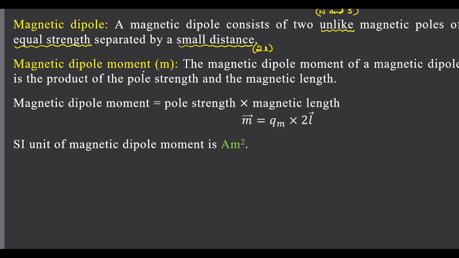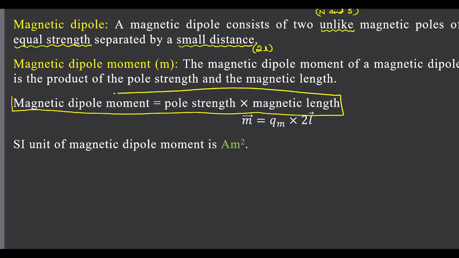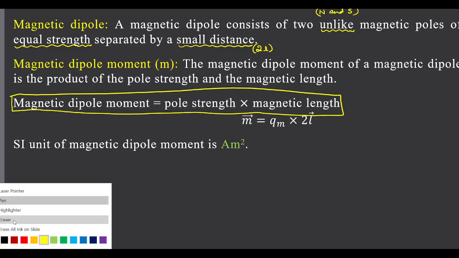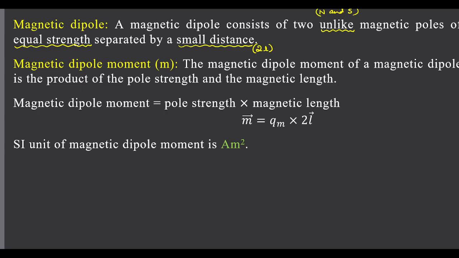Here we learn one factor called magnetic dipole moment. Magnetic dipole moment is given by pole strength into magnetic length. It's very important: M is equal to Qm into 2L, and its unit is ampere meter square.